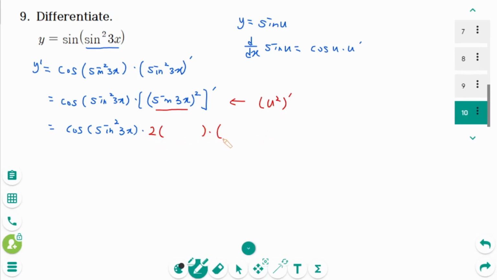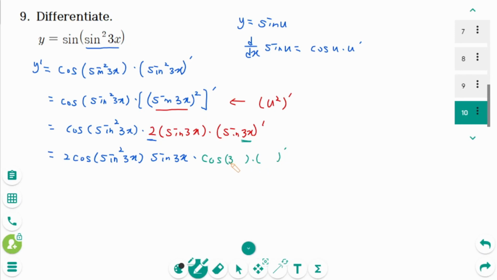2u times u prime, then u is sine 3x, equals 2 cosine of sine squared 3x times sine 3x times, now u equals 3x, so sine 3x means sine u prime equals cosine u times u prime.